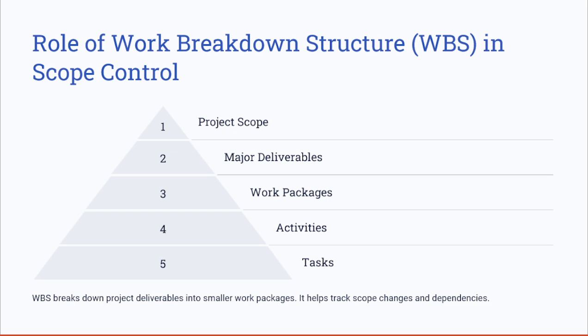If any scope changes occur, the WBS helps you assess their impact in terms of dependencies and the responsibilities of other teams as well. It's used to define what is included in the scope and what is not.